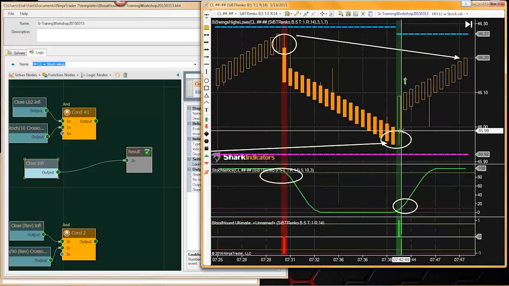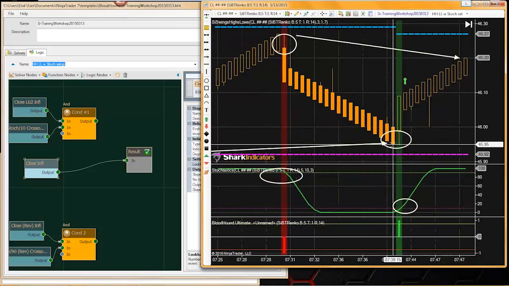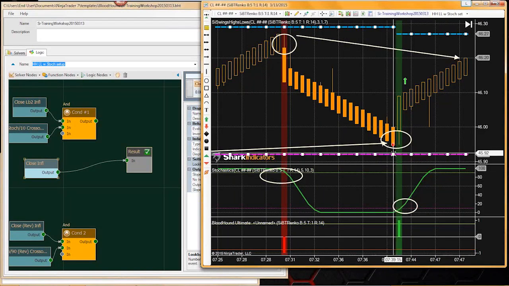So I'm going to be using a comparison solver and looking back 1 bar, and getting the, I guess, the low of the bar here. Looking back to get the low of the previous bar, and then making sure that the low of this previous bar is higher than the indicator plot, right?